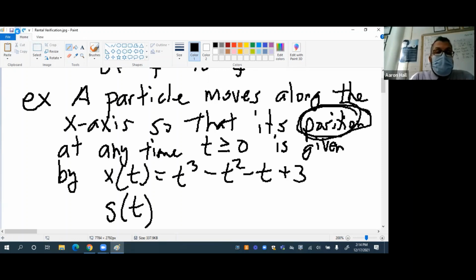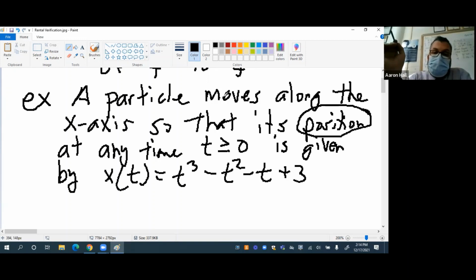So a particle moves along the x-axis so that its position at any time t greater than 0 is given by x of t equals t cubed minus t squared minus t plus 3.